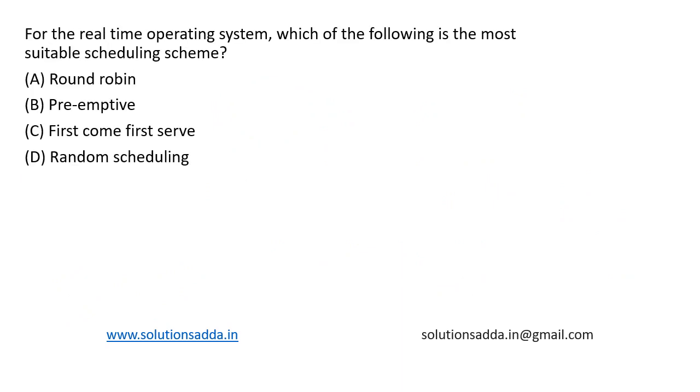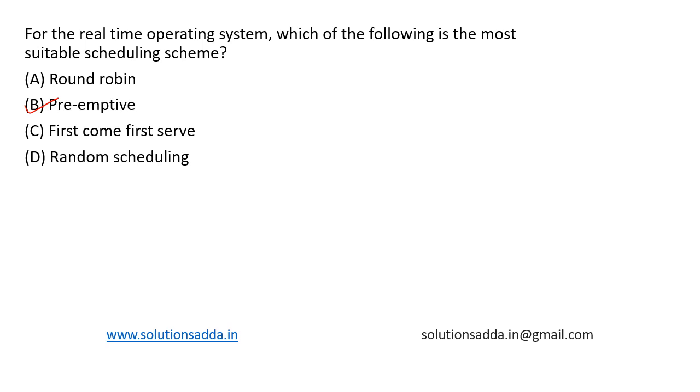This is a question from operating system. For the real-time operating system, which of the following is the most suitable scheduling scheme? Round robin, preemptive, first come first serve, random scheduling. The correct answer here is option B, preemptive. Because in preemptive scheduling, we can always preempt other processes based on priority.